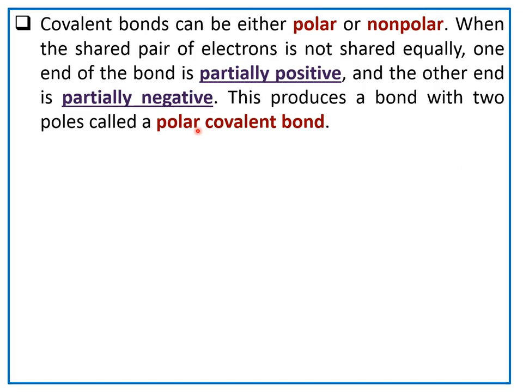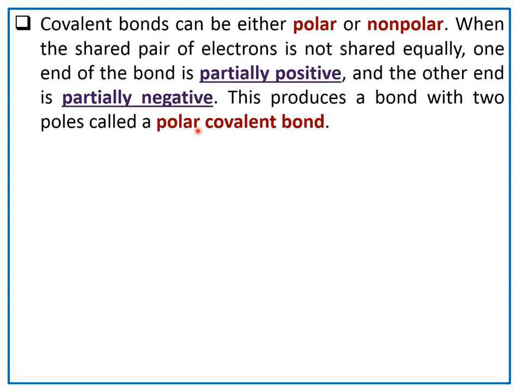If you look at HCl, we have a large difference in the electronegativity between hydrogen and chlorine. We have shared electrons, but chlorine attracts the shared pair of electrons to it because it has a much higher electronegativity. This will induce a partial negative charge on the chlorine atom.